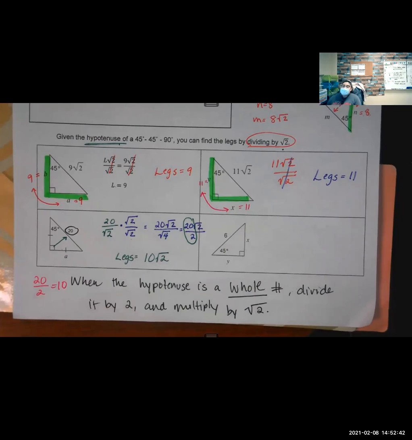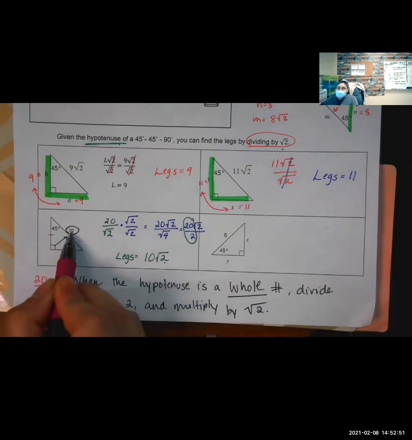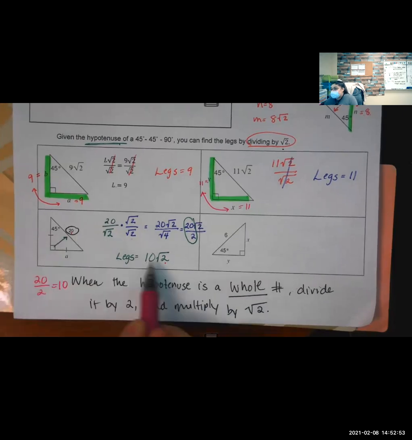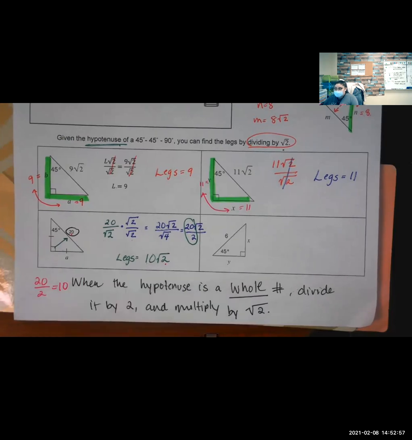And a pattern that you guys can hopefully recognize is that the number on the outside times 2 is equal to the hypotenuse. 10 times 2 is 20. So that's like a shortcut rather than having to do all of that division and simplifying.